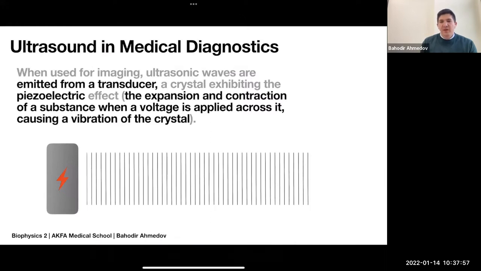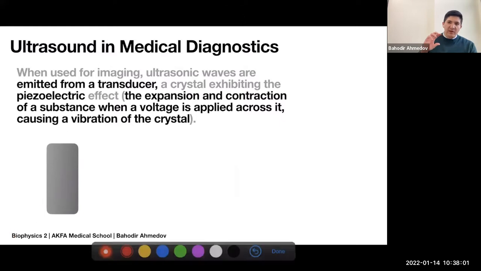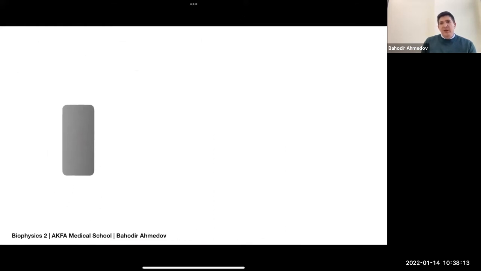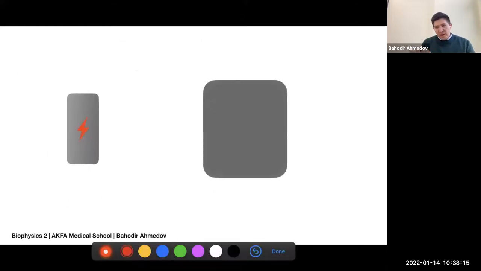At the same time, it can receive some signal and convert this into an electric signal, and it basically measures the frequency of the sound and also its intensity. So it's very important that we use the intensity of the sound in order to differentiate between the two different materials which we're going to have.